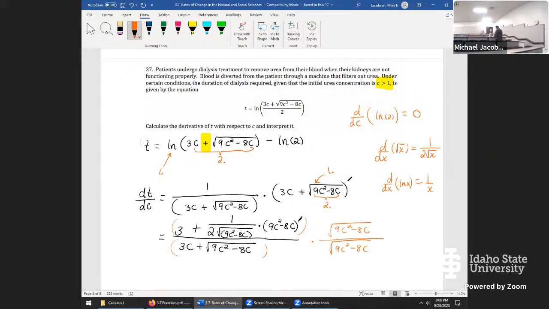So both x and y are in parentheses. If you're using Leibniz notation, the dy/dx should go in front. If you're using a prime, the prime would just be right there. It would just be a prime on the parenthesis, not the y itself.